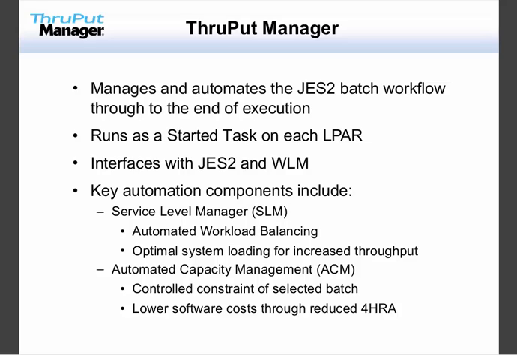This is the component that deals directly with the cost aspects. SLM is already going to make sure that you meet your business goals. What ACM allows you to do is meet your budget goals by lowering that 4-hour rolling average and giving you the ability to selectively control what workloads are constrained rather than capping an entire LPAR.